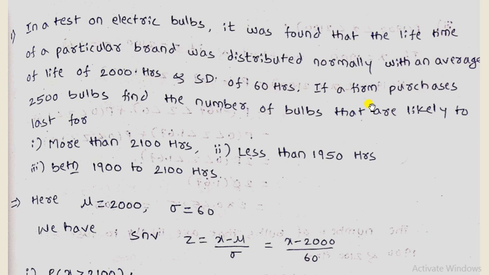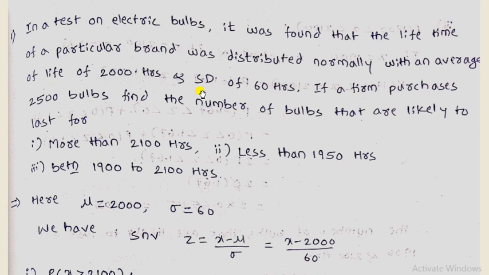If a firm purchases 2500 bulbs, then find the number of bulbs that are likely to last for: first, more than 2100 hours; second, less than 1950 hours; and third, between 1900 and 2100 hours.